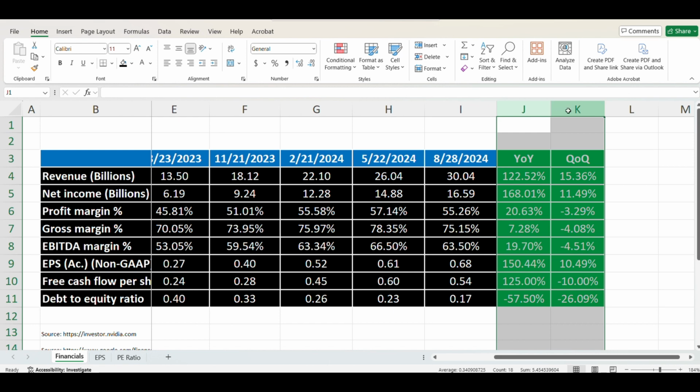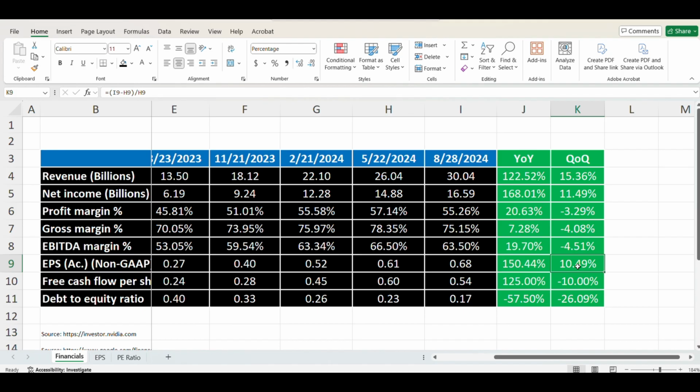If you focus on the quarter over quarter comparison table, you might notice that Nvidia did a good job on the revenue and net income side. They both are positive and growing, but they did not do a good job on the margin percentages. So they are declining quarter over quarter.